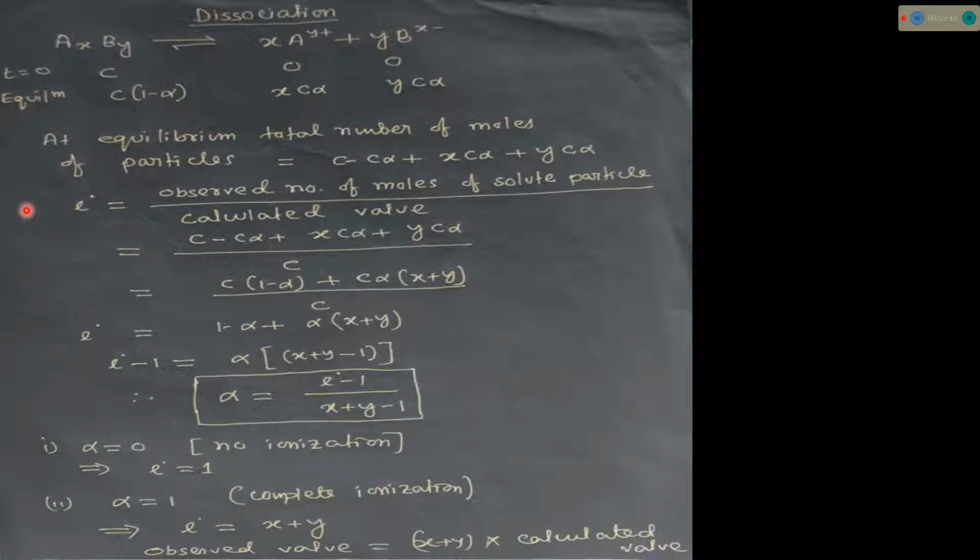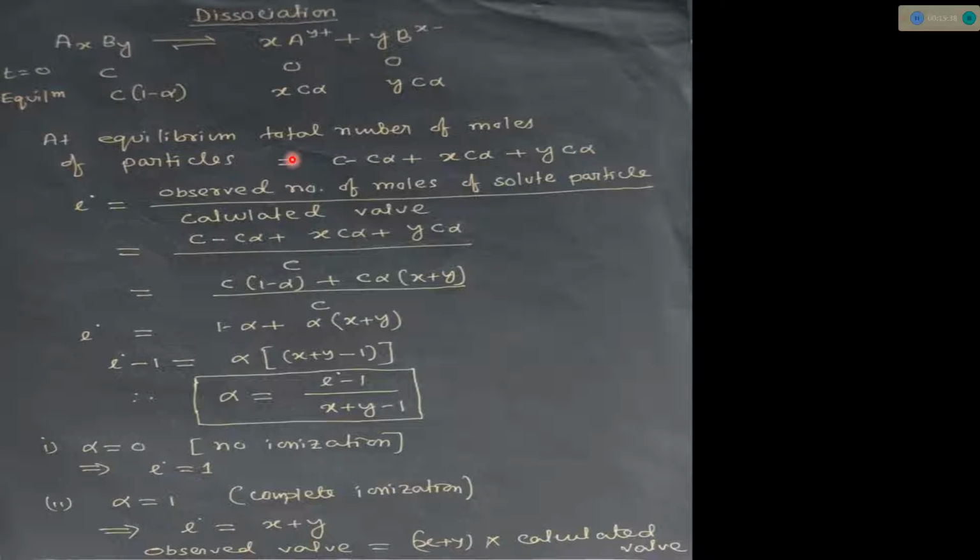So we have to consider: first we consider that there are only C moles in the actual or calculated case. But since dissociation takes place, we have to consider all the particles, the mole numbers of all the particles in the solution: AxBy, x moles of A^y+, and y moles of B^x-. We have to consider these three particles and their mole numbers.